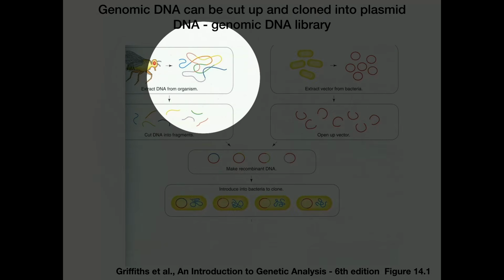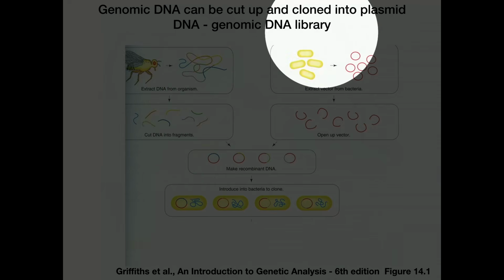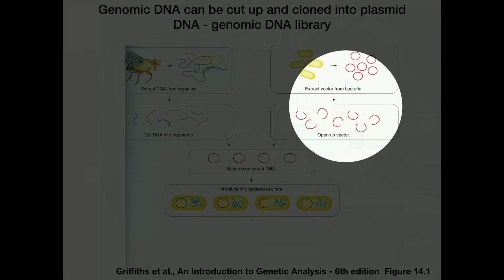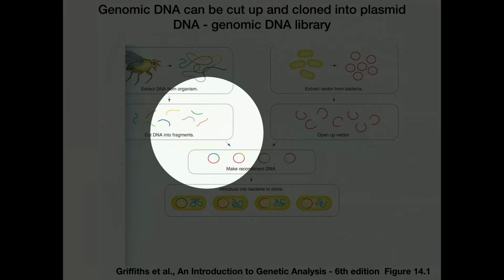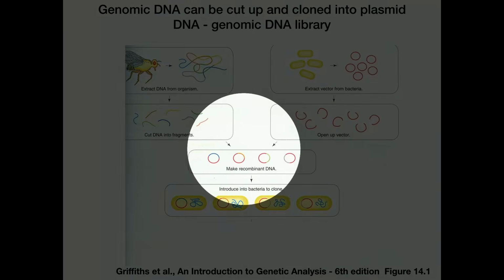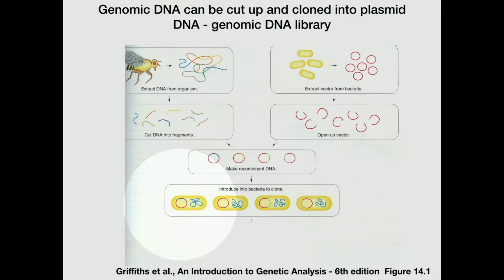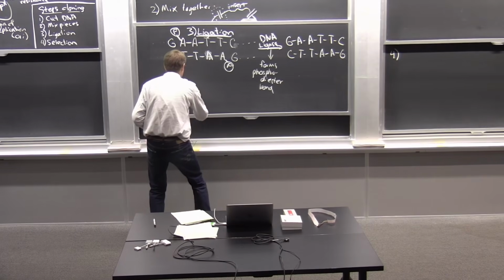We have to extract its chromosomal DNA, digest it with a restriction enzyme, and then we digest the vector with the same restriction enzyme, and then we're going to randomly insert these pieces of DNA into different vectors such that each bacteria who gets one of these plasmids will be replicating a different piece of DNA that's of eukaryotic origin, okay? And this is what is known as a DNA library. Okay, so this is making a DNA library.